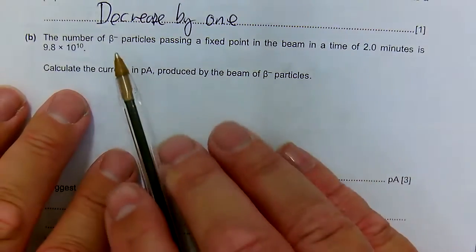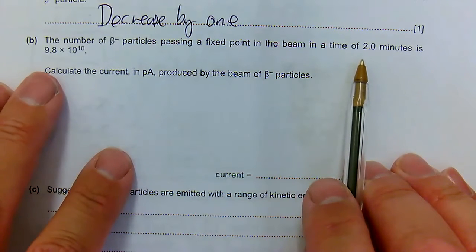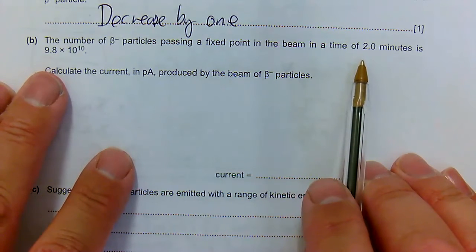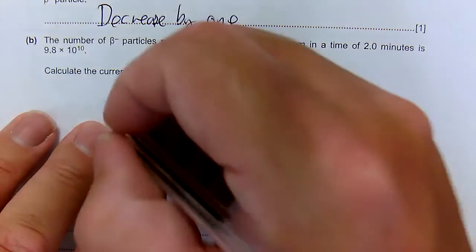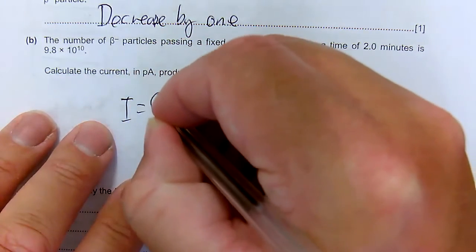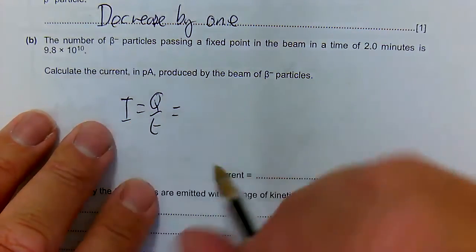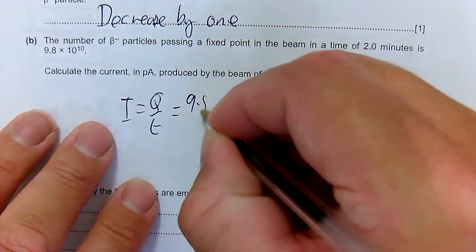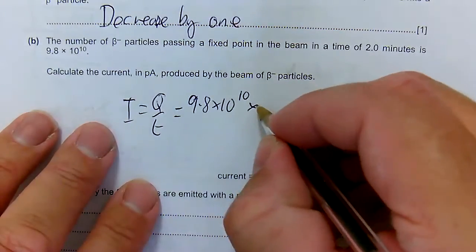Then the number of beta minus particles passing a fixed point in a beam in a time of 2 minutes is 9.8 times 10 to the power of 10. Calculate the current produced by the beta minus particles. So the current is simply the charge over the time taken. So the charge is this number of particles multiplied by the charge of each beta particle.